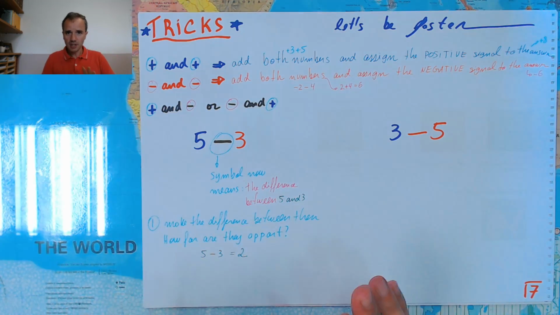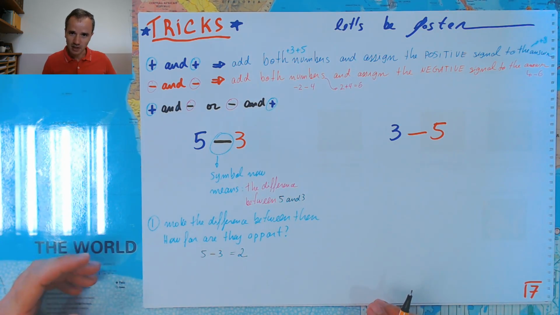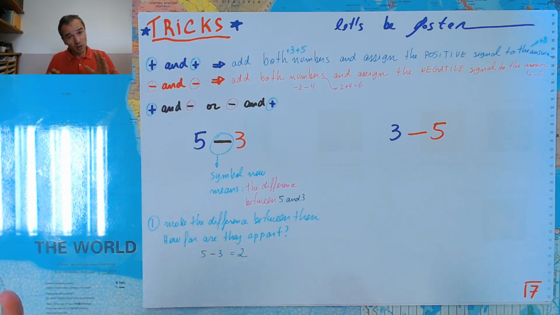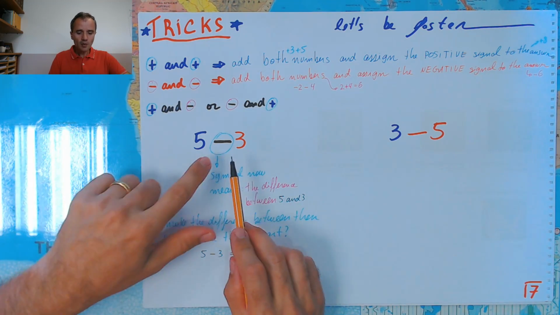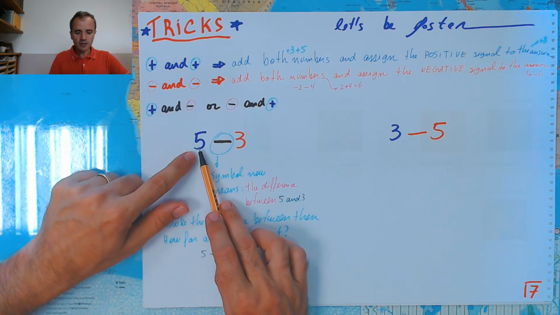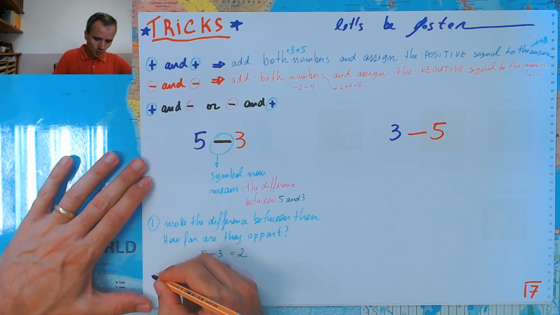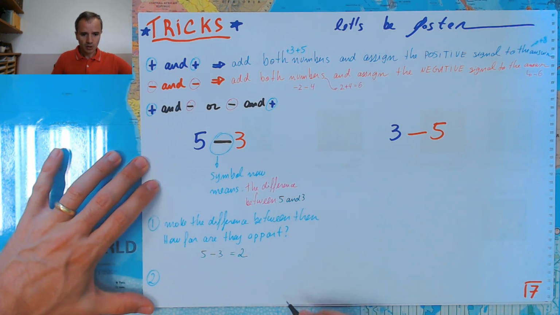I know it seems obvious, but when we reverse, I want to see if it's still obvious. It should be normal, not obvious. When you have this symbol, it only means difference. What is the difference between 5 and 3? 2, right? So this is the first step. What is going to be the second step? It's going to be the answer.